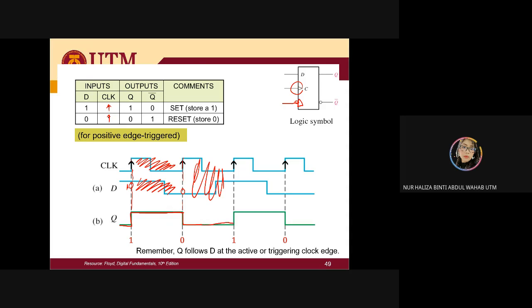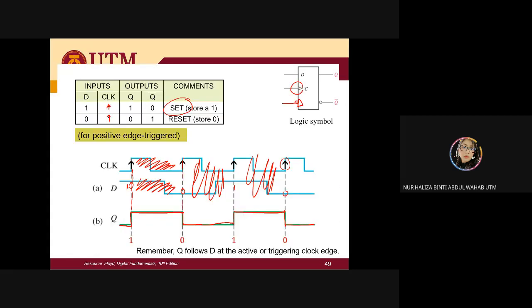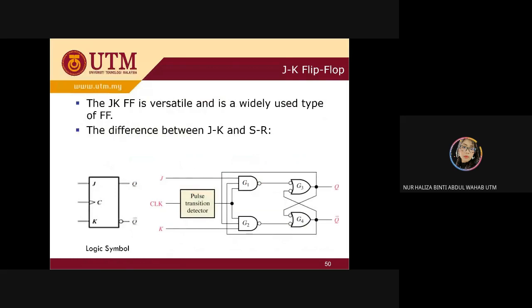At this clock, your D is 1, so your output will be set as 1, with no changes until the next. At this one, you check D, it is 0, so you will get it like this. Easy, right? Compared to your D latch, the clock is much better.